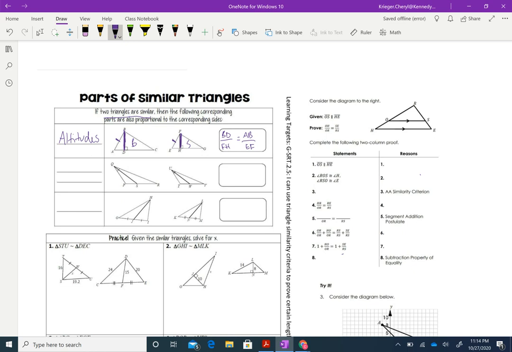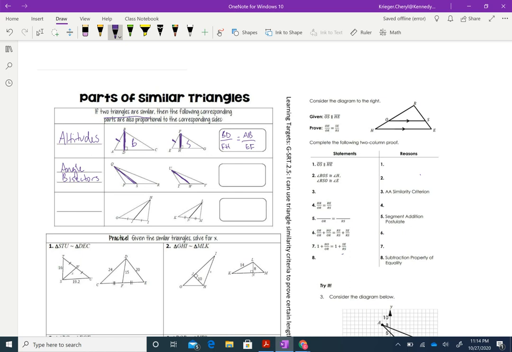It looks like we are bisecting angle Q and angle U. So if we're bisecting the angle, these are angle bisectors. Same idea here. We will set the angle bisectors proportional to a side.